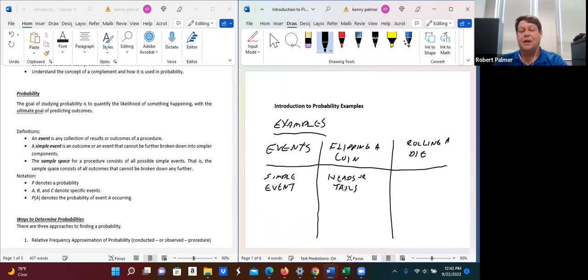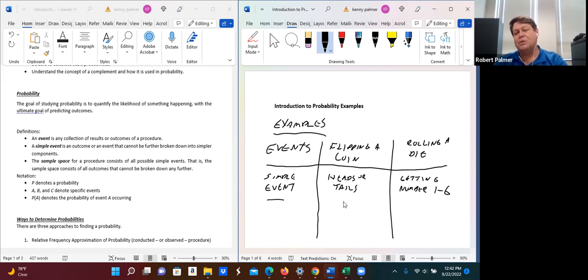That's a simple event in the sense that we can't break any one of those down further, or for rolling a die, getting the number 1 through 6. Okay, those are the simple events.